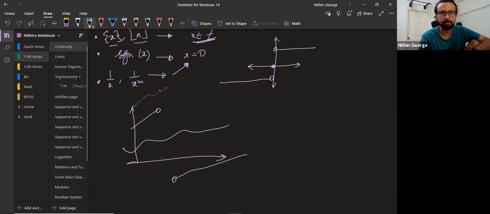The problem is, till here you can add this function. From here onwards, this value reduces, so this minus this it becomes. So somewhere here it will start, then you go like this. Is the sum continuous or discontinuous? It's definitely discontinuous here. Are you following? Now, discontinuous plus or minus discontinuous. Will that be continuous or discontinuous?